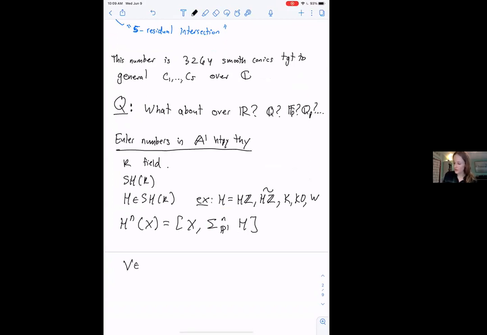So for a vector bundle or a class in K0, we've got the geometric degree V cohomology of X, defined as maps from X to the Thom space of V smash H, and we can keep track of supports in a closed subscheme and put the support there. And so we have these cohomology groups.